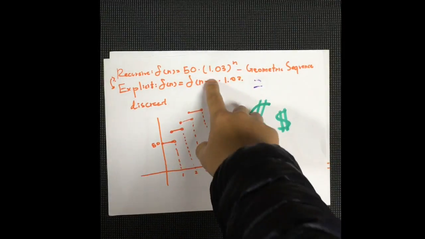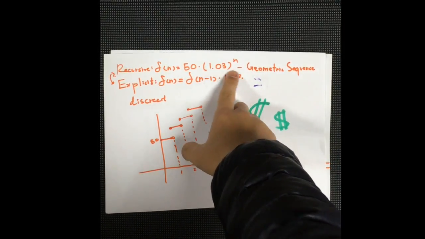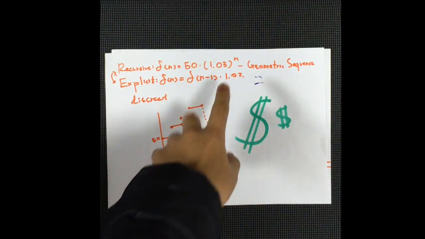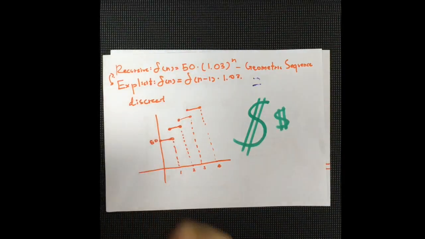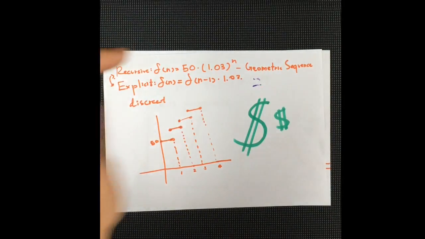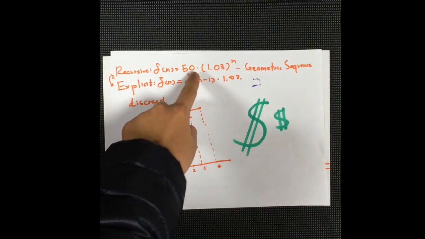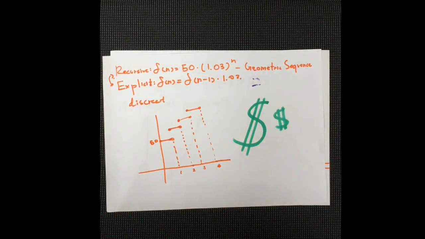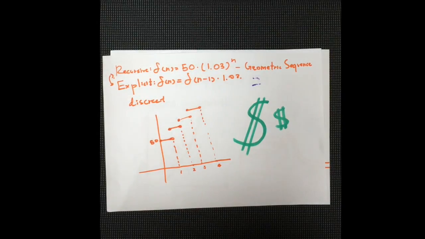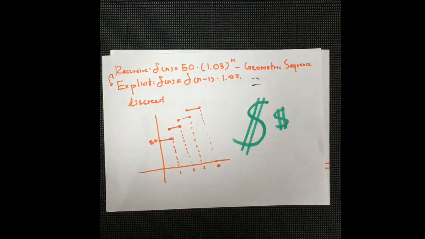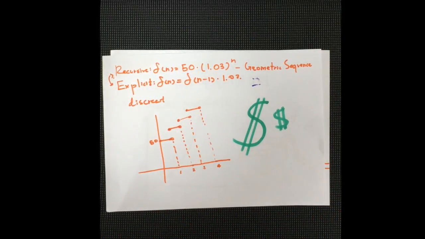So this means that 1.03 is 103%, or the addition of 3% per month, to the n power. This basically means that every month this amount will be multiplied by 1.03, or just increased by 3% of the previous number. That's why it gets the n power, and this makes it a geometric sequence.